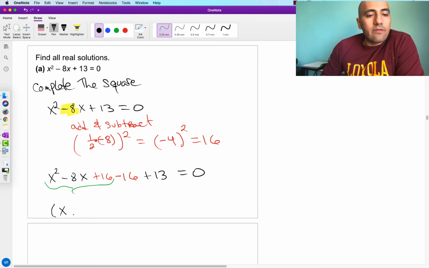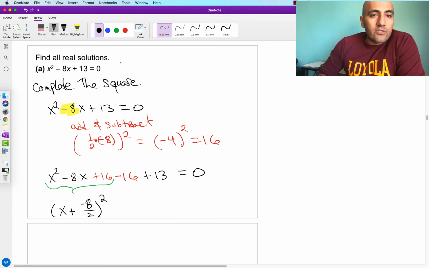It's going to be of the form x plus half of that, -8 over 2, squared. Right? That's always the pattern. Half of this is what belongs there. Half of this squared is what we add and subtract. Then we just have to deal with the remainders.